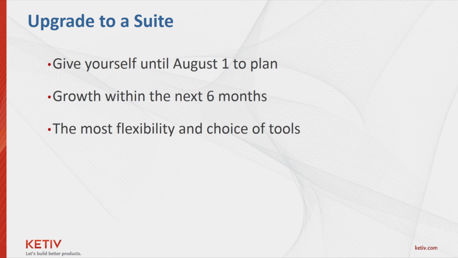Remember, suites will continue to be available until August 1st. At August 1st, you'll no longer be able to purchase suites. So if you want more time, we see a lot of customers considering upgrading their individual products to a suite product so that they have suites in their environment, and if they need licenses in the next 5 to 6 months, they can continue to add them on a perpetual basis because they have suites today.